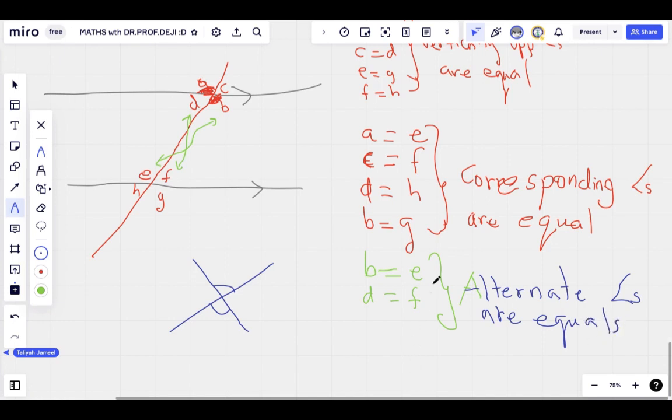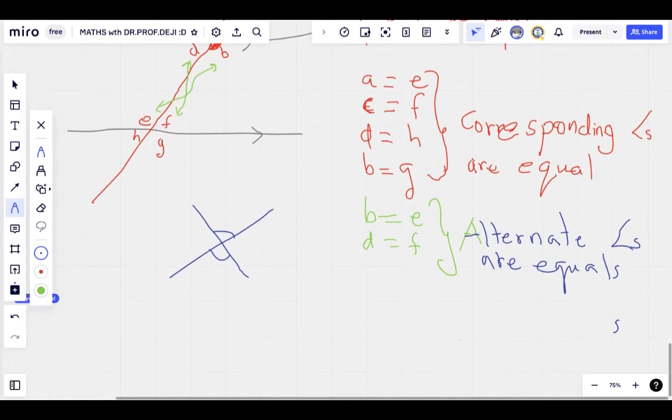And then the angles inside, on both sides, inward angles, B and F, add up to 180. They are not equal, but they add up to 180. And D and E. D plus E equal to 180. They add up to 180.